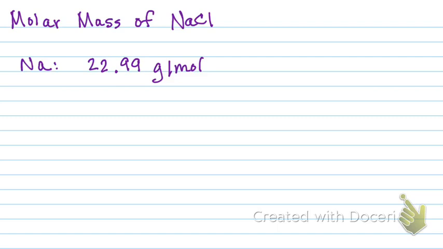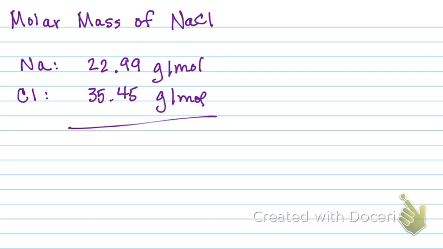Then we have 1 mole of chlorine, and that molar mass is 35.45 grams per mole. So the molar mass of sodium chloride is 58.44 grams per mole.